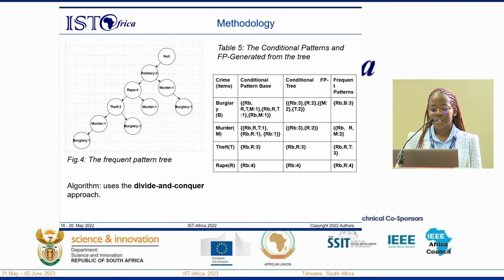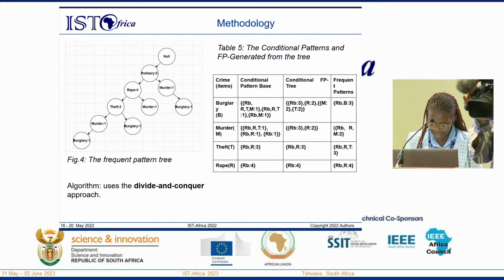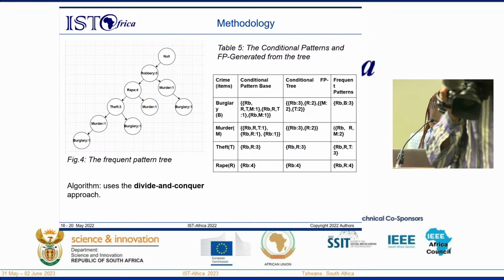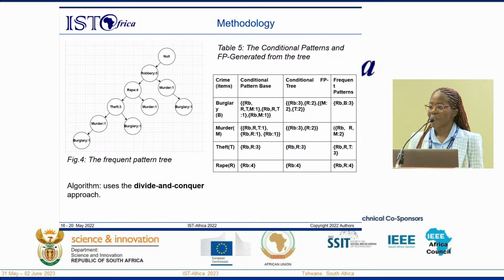In order for robbery to get to rape, it occurs on 4 occasions, and so on to theft and murder and all that. And then for the conditional FP tree, we take from the conditional pattern base and take similarities, and then we obtain the conditional FP tree. From the FP tree, we then generate the frequent patterns, which is the actual path itself.